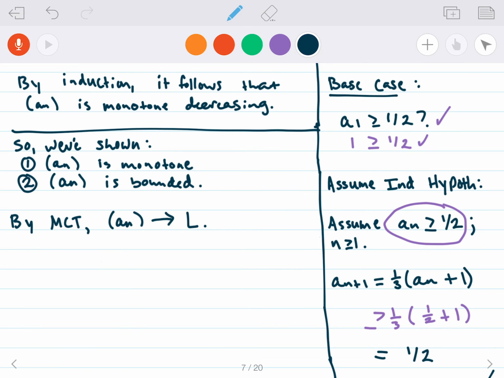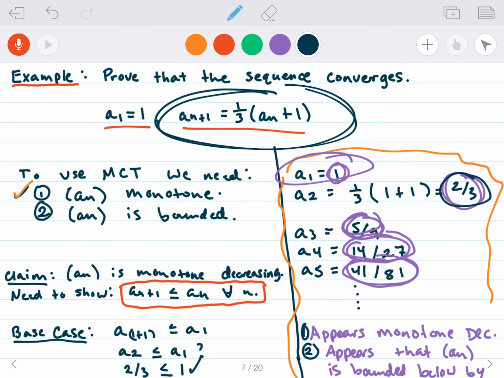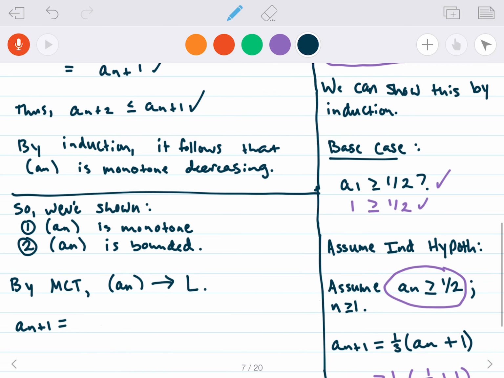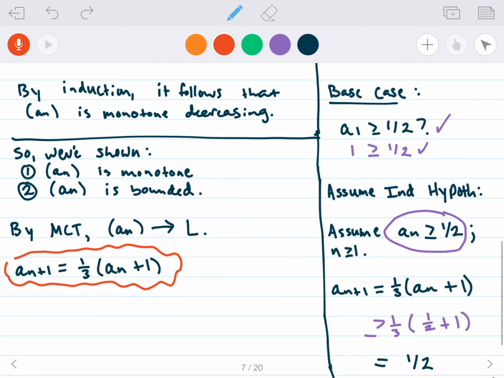We have a sub n plus 1 is going to be equal to, well, how did we define it? A third times a sub n plus 1. So this is what we were given, and we're claiming that a sub n converges to L.